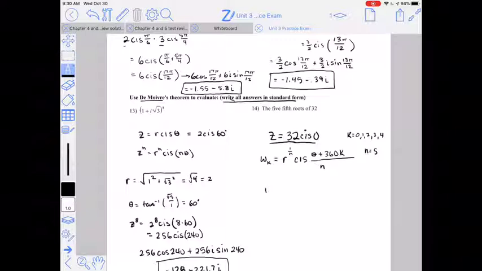So we need 5 instances now of this formula. We need a root for when k equals 0.